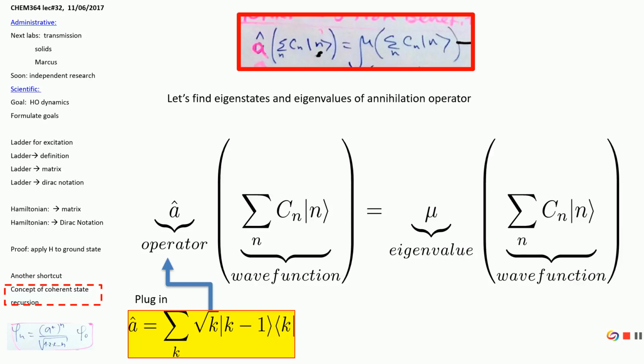If it is annihilation, it changes eigenstate number k to eigenstate number k minus 1. And for normalization, it also multiplies by a factor. And this is a progression for each possible state. So the goal that we are going to accomplish is to replace this operator in a single box and do some middle algebra.